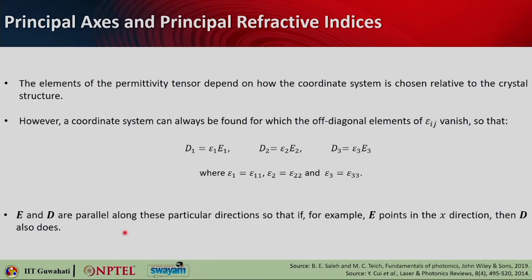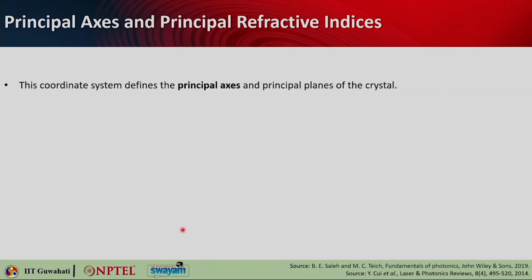Now, E and D are parallel along these particular directions, so that if, for example, E points in the x direction, D has to also point in the x direction. This coordinate system defines the principal axes and the principal planes of the crystal.